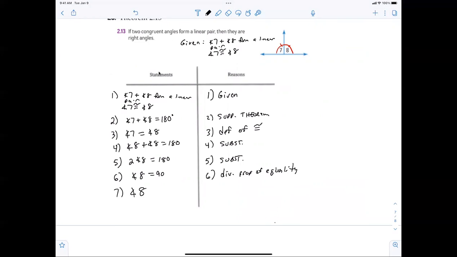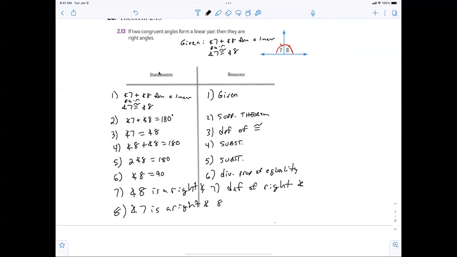Angle 8 is a right angle. And of course, that's just definition of what? Right angle. And because angle 8 is a right angle and angle 7 is equal to angle 8, then what's true about angle 7? And we can just call that what? Substitution.